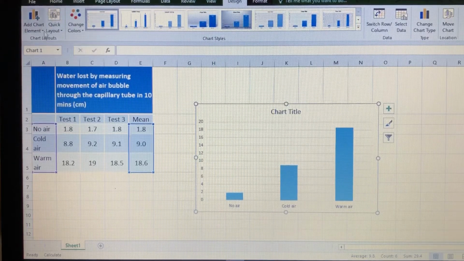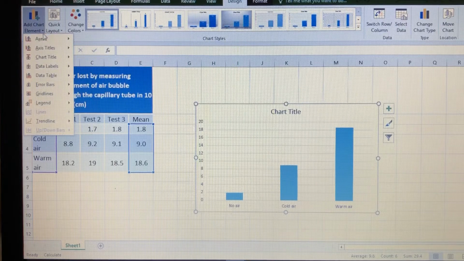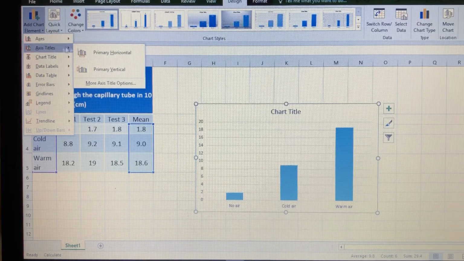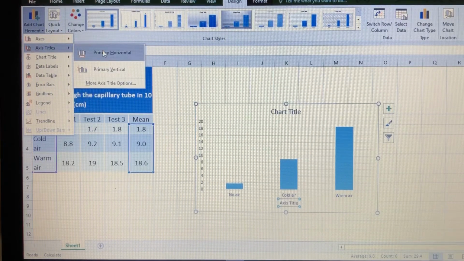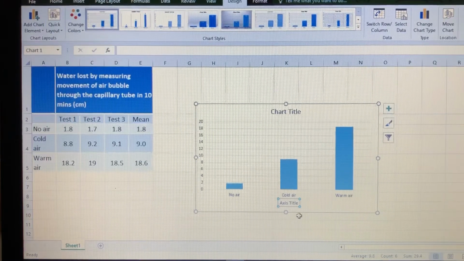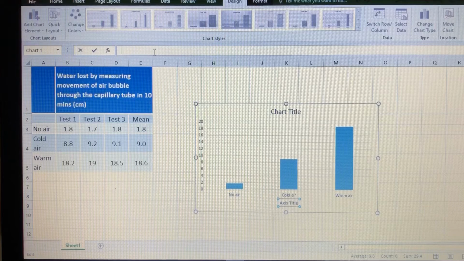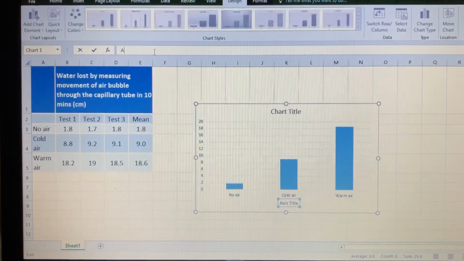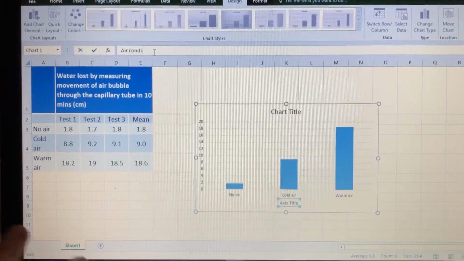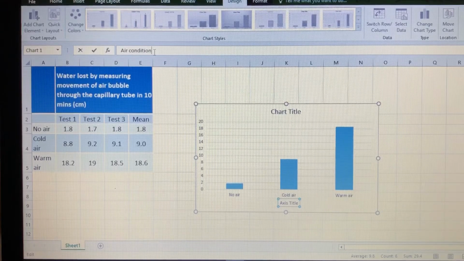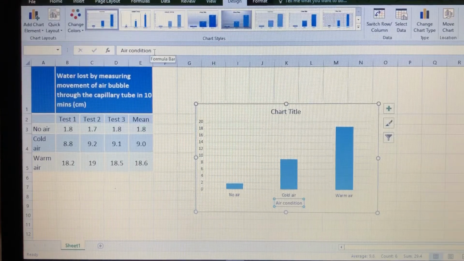I'm going to go into add chart element, and I've got my axis title, the primary, the horizontal one there, I'm going to call that air condition, so it's like the condition that the plant was in.